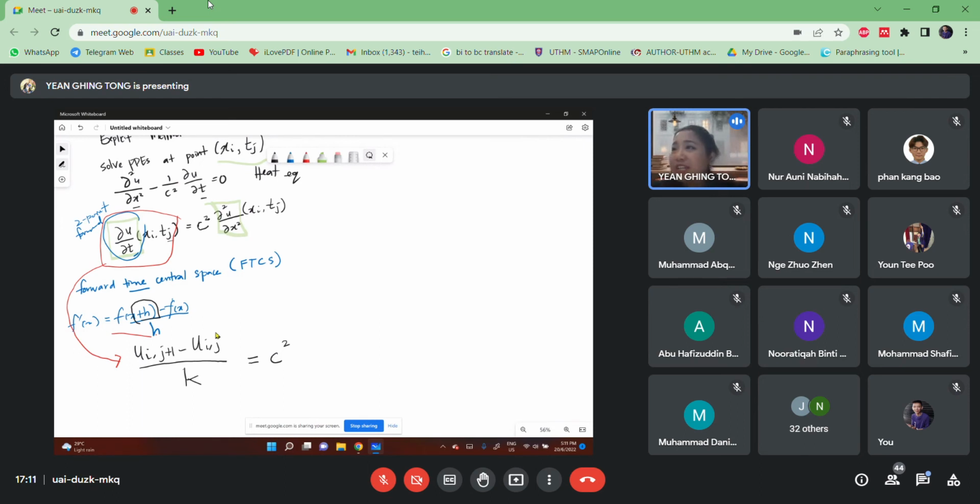Second derivative, do you remember? If you have the book, turn to page 122, the differentiation formulas. You see second derivative.